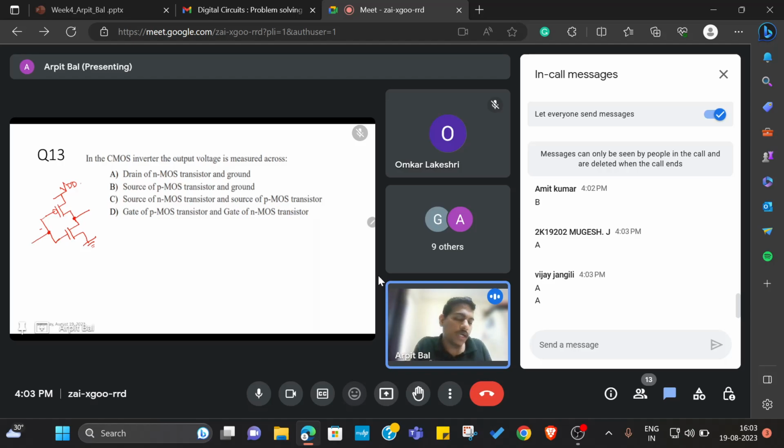Can anyone tell me where is the input? I'm marking this as X and Y. Which is the input in this case? Basically what I did is we have this structure, and this is what the magnified view looks like.